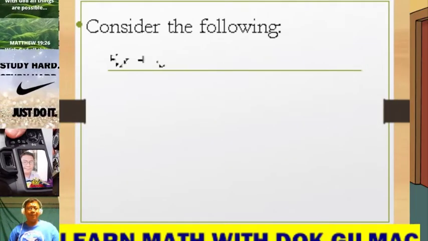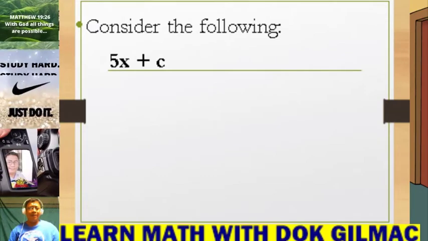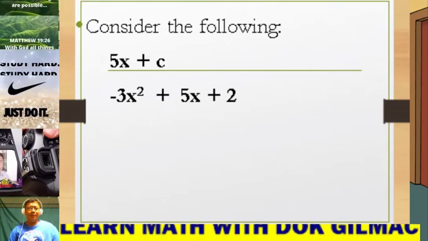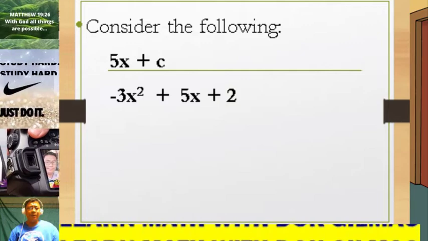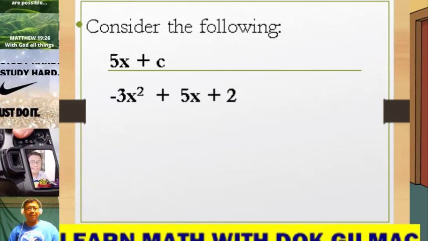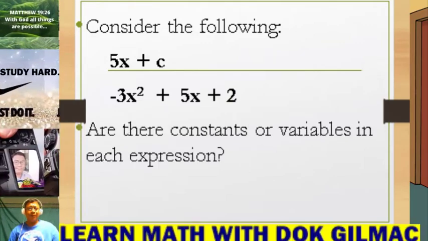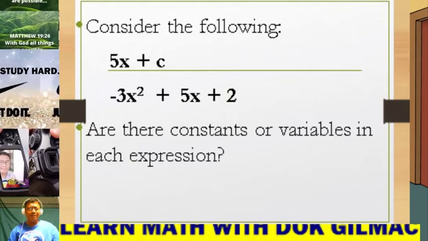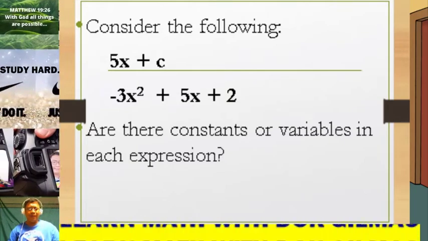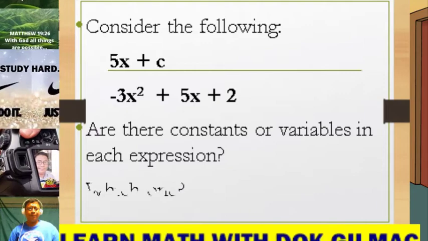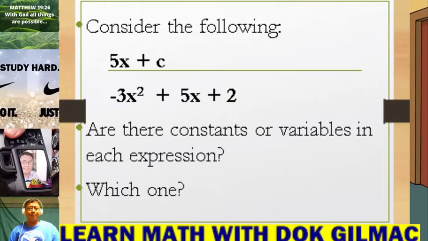Consider the following: 5x plus c, negative 3x squared plus 5x plus 2. Are there constants or variables in each expression? Which one?